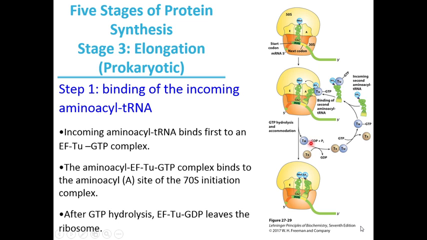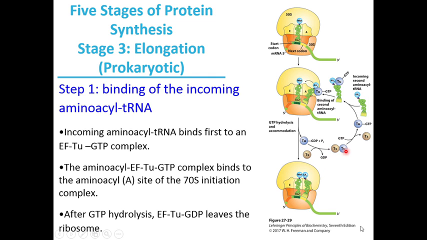Following this, the TU-GTP dissociates from the ribosome subunit, and the dissociation is propelled by GTP hydrolysis. Once TU-GDP dissociates, another elongation factor, TS, comes in and binds TU, and this results in the release of GDP.